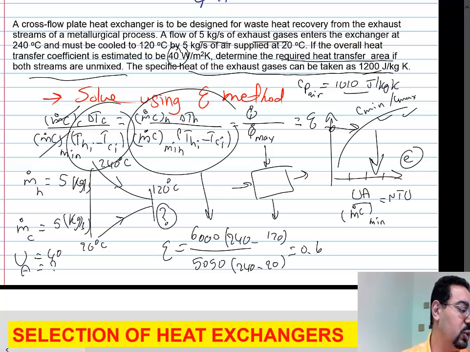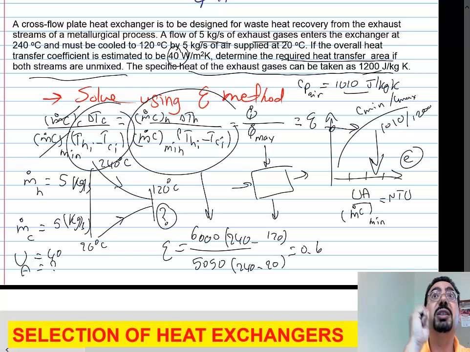That's basically the ratio between the 1200 and the 1100. Right? C minimum over C max is basically the 1100 over the 1200.